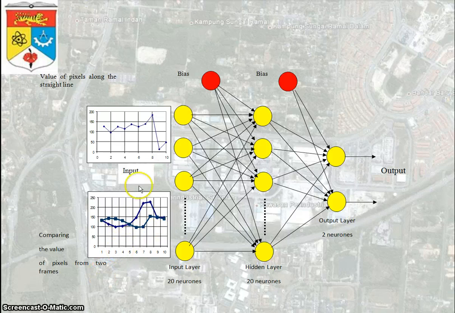From these 2 inputs, we know from the first that there are cars on the line, but from the second one, we know whether the cars are moving. If these two curves are identical, that means the vehicles are not moving. So we use this neural network to decide whether there are cars or vehicles, and whether the cars or vehicles are moving or not.